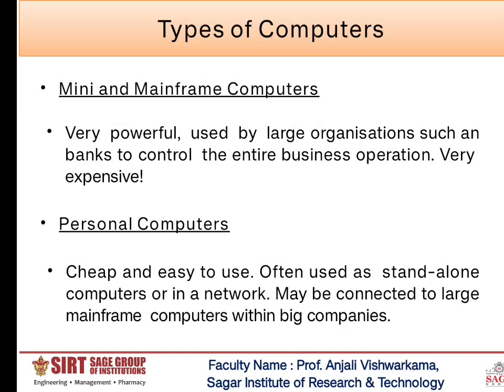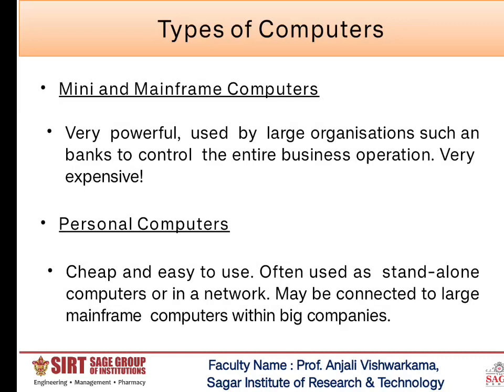Again, we can define the types of computer based on size and capability. Based on size and capability, we can categorize computers as minicomputer, mainframe computer, microcomputer, and supercomputer. Every computer has its own applications.